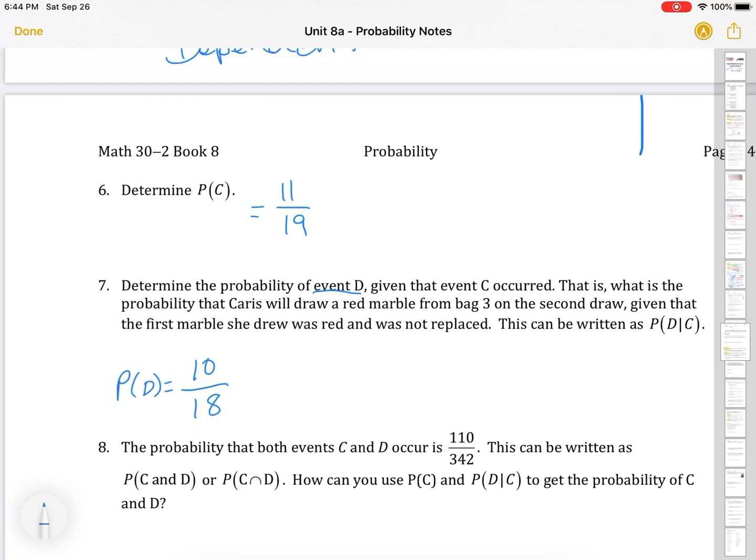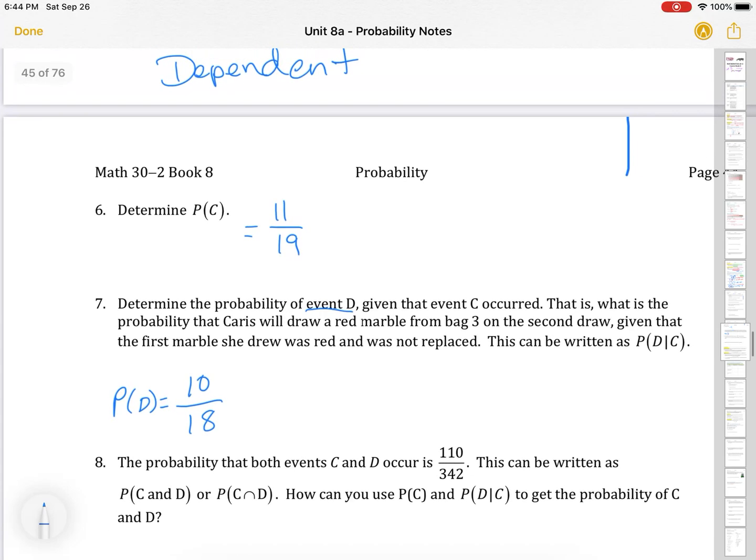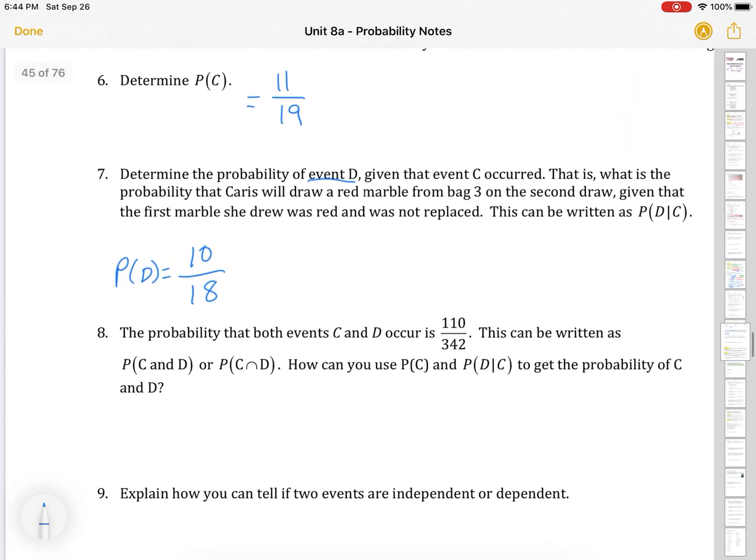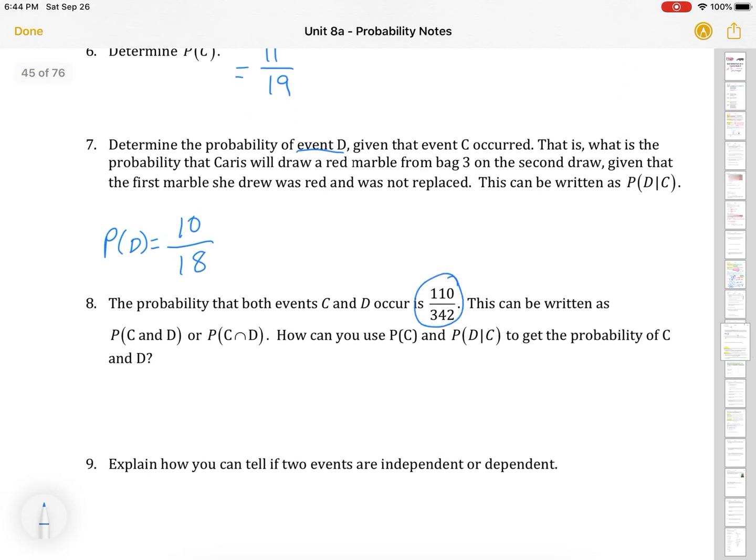And if she took the first marble out and it was, in fact, a red marble, then that means she only has 10 red marbles remaining in there. So the probability of event D happening is 10 out of 18. Now that depends on whether she pulled out a red marble. So it is dependent on that first action.